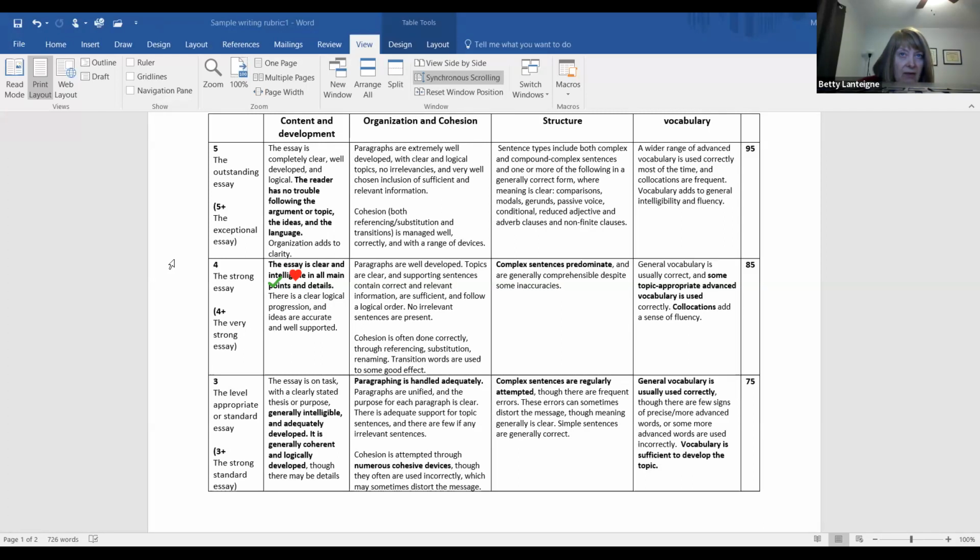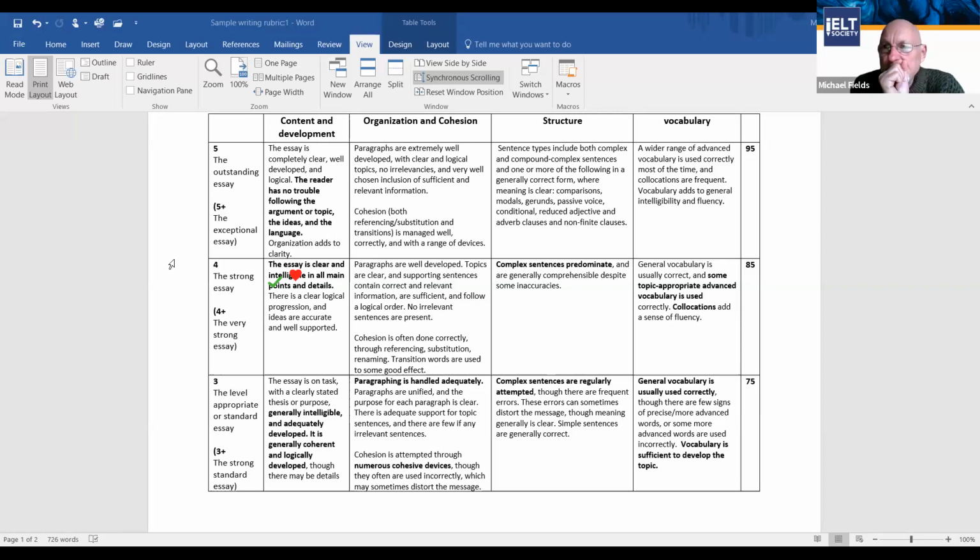In terms of clarity of some of the ideas being made, some of the supporting detail, there's a lack of clarity, but it is primarily due to the grammatical issues. Okay, so I think that's really the point, is that we don't want to look at those grammatical issues and then detract from this first category.